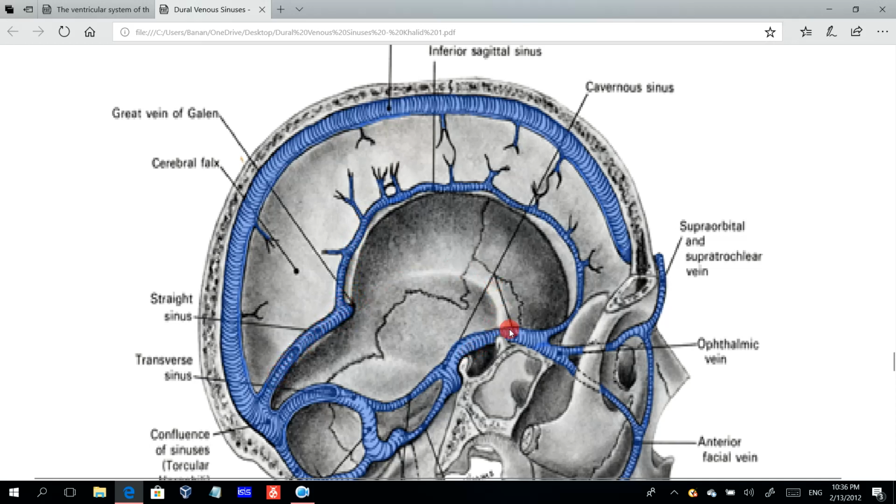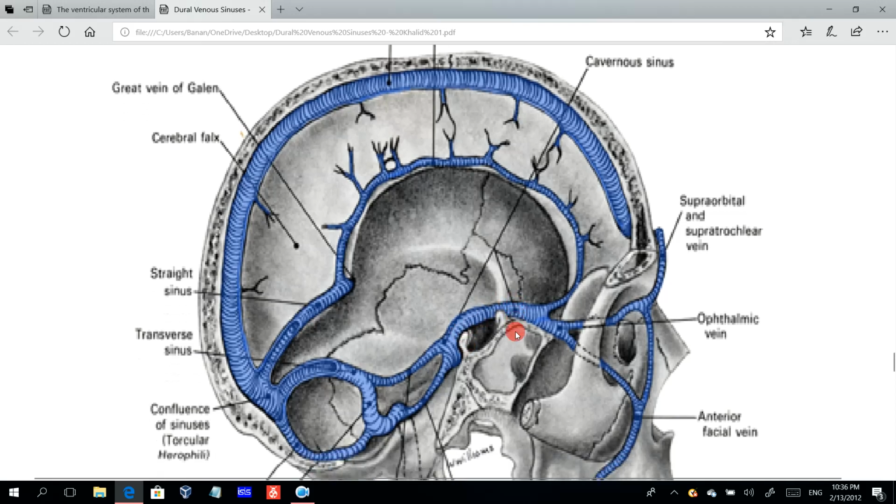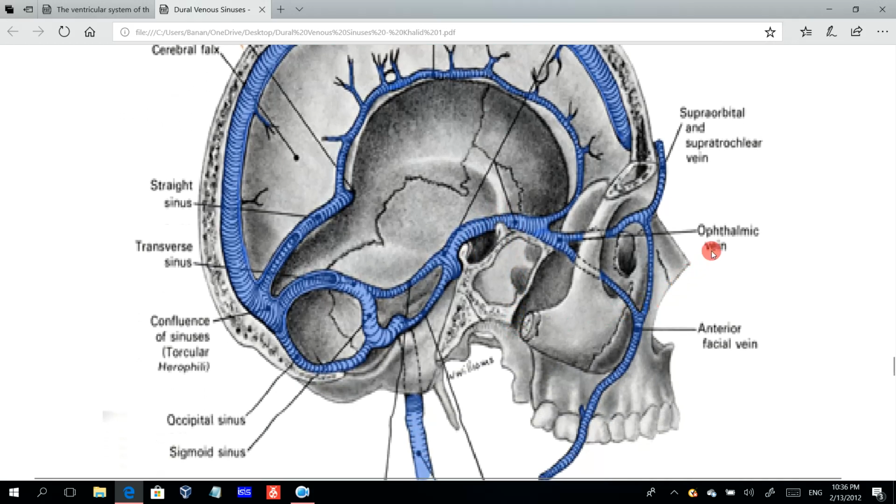And here we have the cavernous sinus. As we said, the cavernous sinus drains also from the ophthalmic vein, and you see even the anterior facial vein has a free communication with the cavernous sinus through this area. These veins have no valves, and the blood can pass from here to here.